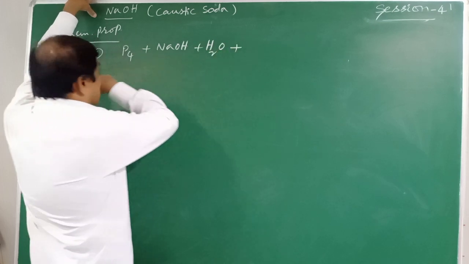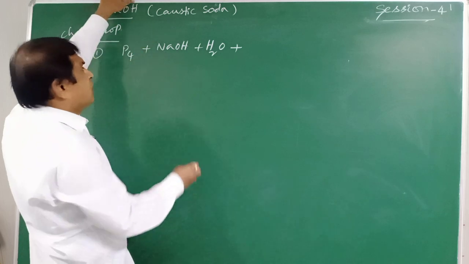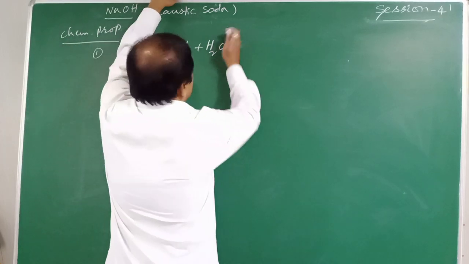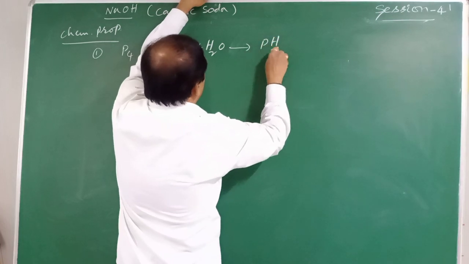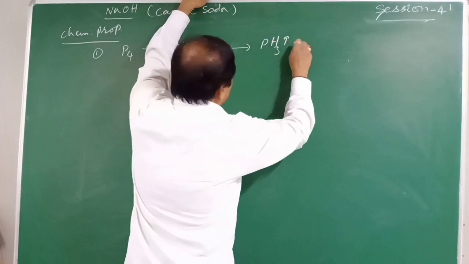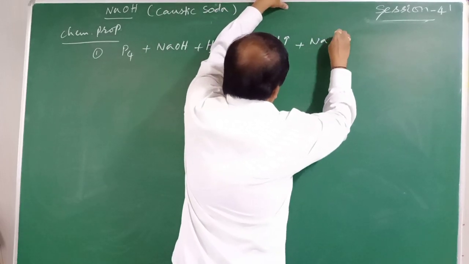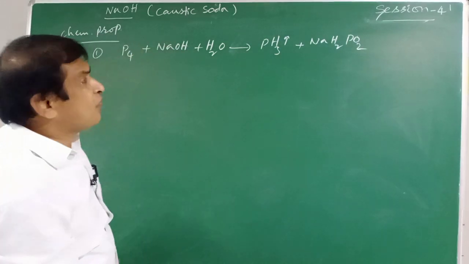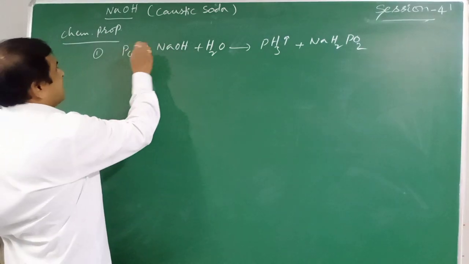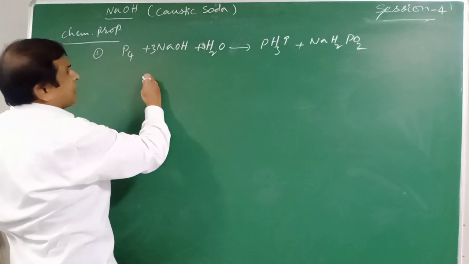When white phosphorus is added to sodium hydroxide solution, it liberates phosphine gas and forms sodium dihydrogen phosphate, NaH2PO2. Let us balance it.